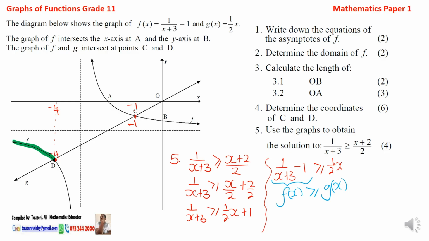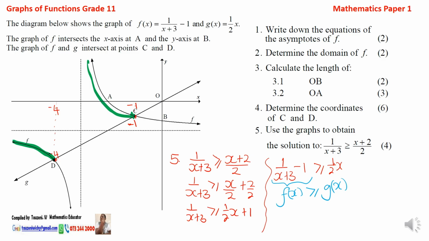Then let's look at point C. We also notice that from the asymptote given right through until point C, the graph of f is also on top and the graph of g is at the bottom. Once we cross f going to the right hand side, the graph of f is now at the bottom.